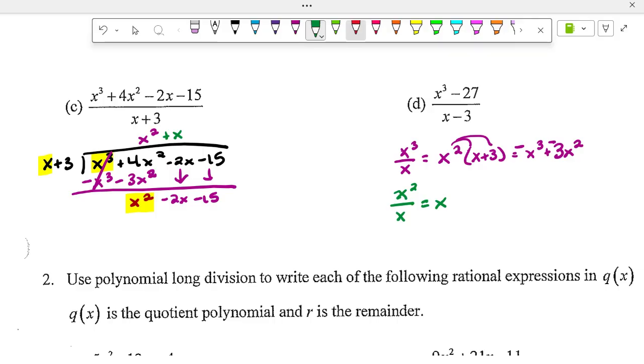What is my next step, Davis? You put x plus 3. Uh-huh. Distribute x into that. Right? And get what? Not 1x. X squared, excuse me. And you do plus 3x. Good.